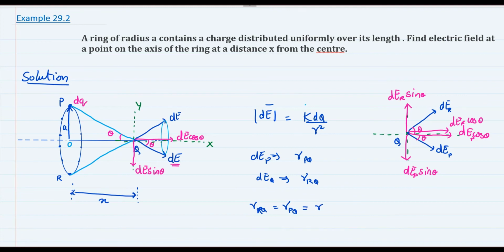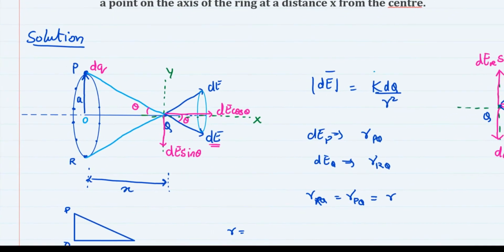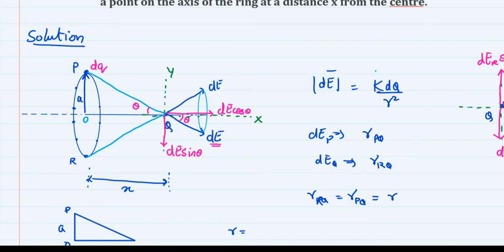Now, what is this radius r? If you see the triangle, this side is a, let's suppose this is P, this is O, this is A, this is x, which we have assumed, and this is Q. So this will be r, and r will be nothing but root over a square plus x square.